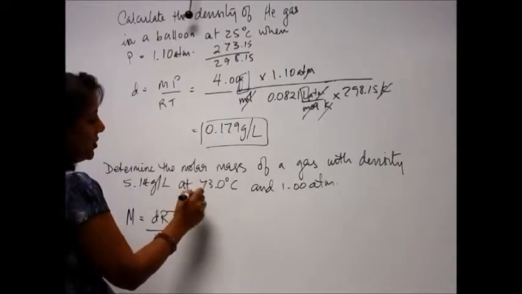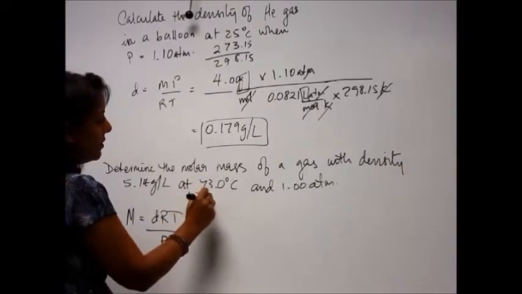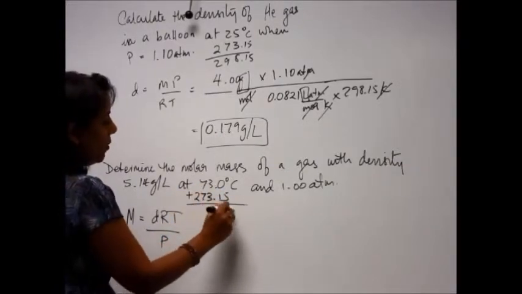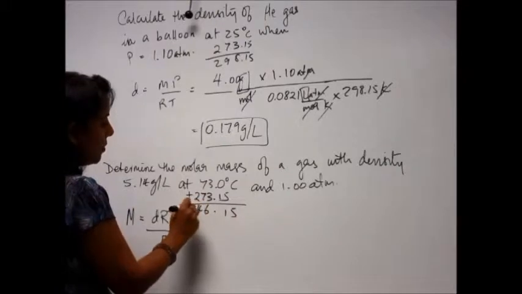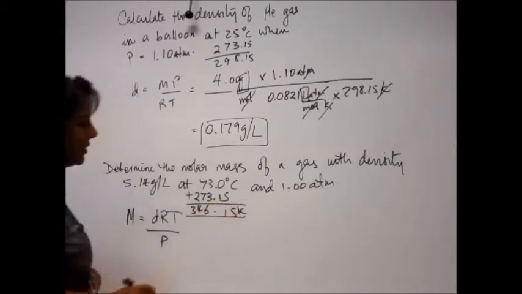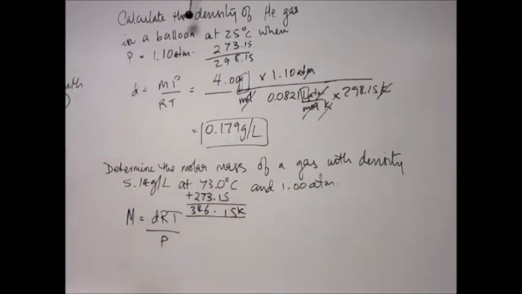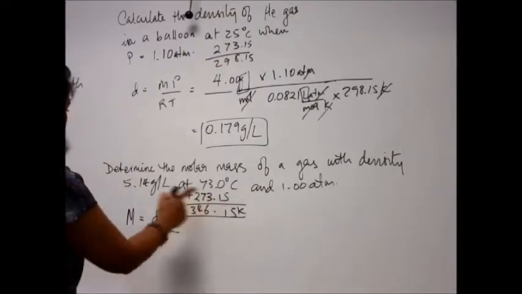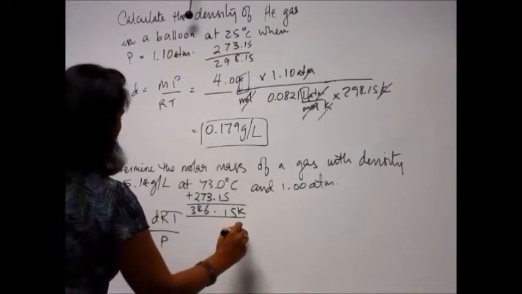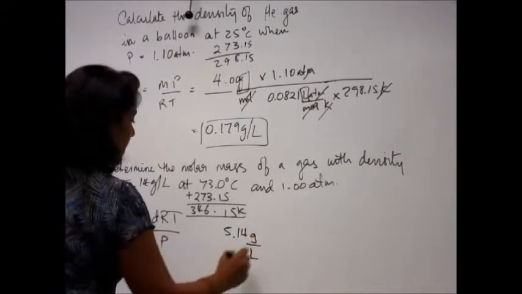Convert Celsius to Kelvin, so plus 273.15, 0.15 here, 346.15 Kelvin. Density is given to us as 5.14 grams per liter.